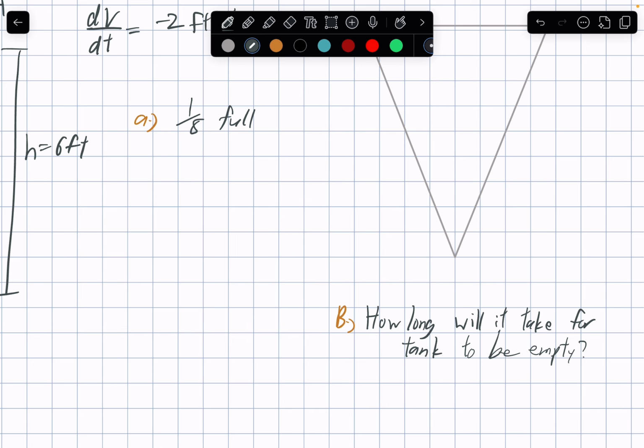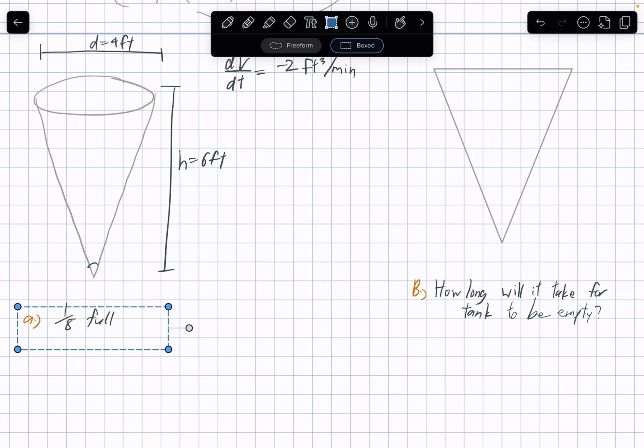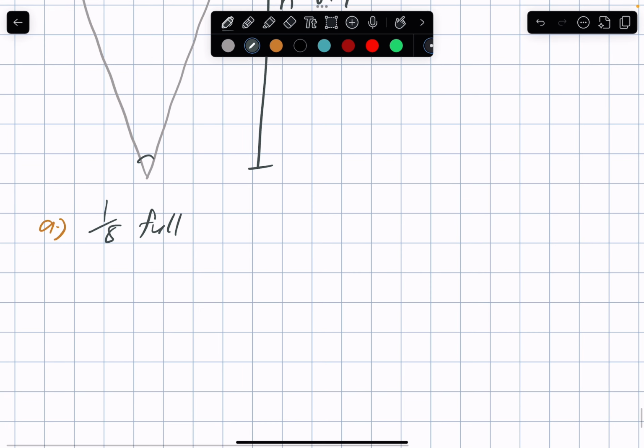So let's deal with the first question first. How fast is the water level changing when the reservoir is 1/8 full?